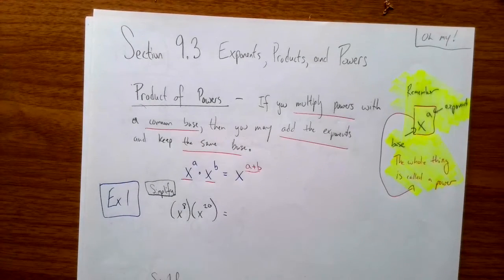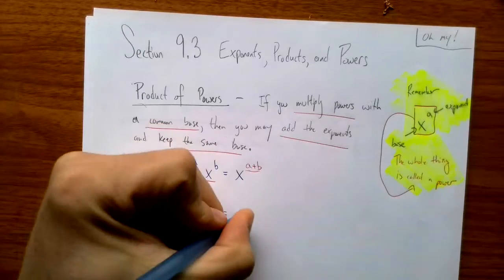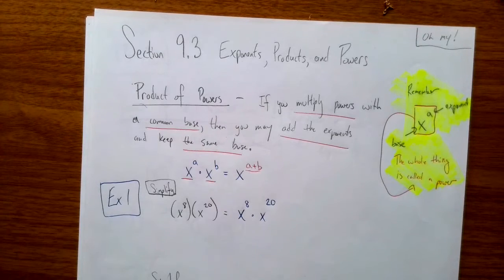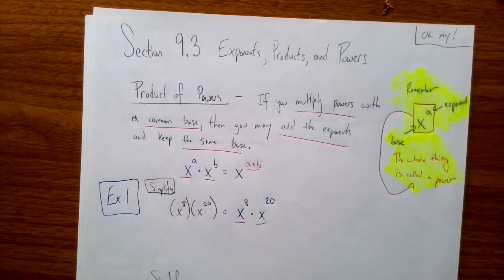So in practice, here we have x to the power of 8 times x to the power of 20. Remember, because the parentheses are up against each other, it's implied that's multiplication. And if it's easier to see, this is another way to write the same thing. So we have a common base.